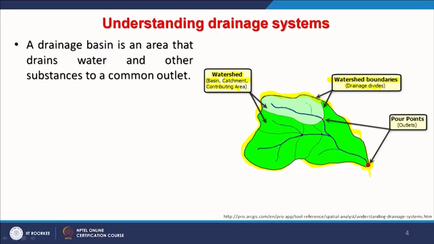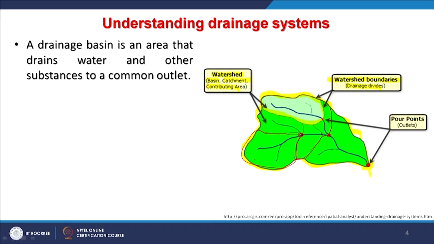Now, within a watershed we can also have sub watersheds, like here it is shown in light green color. Each drainage line or stream can have its own watershed. For example, even if I do not currently have the topographic map or digital elevation model in the background, if I decide that this is my outlet, then this can be my watershed, and if I decide that this is the outlet, then this can be my watershed.